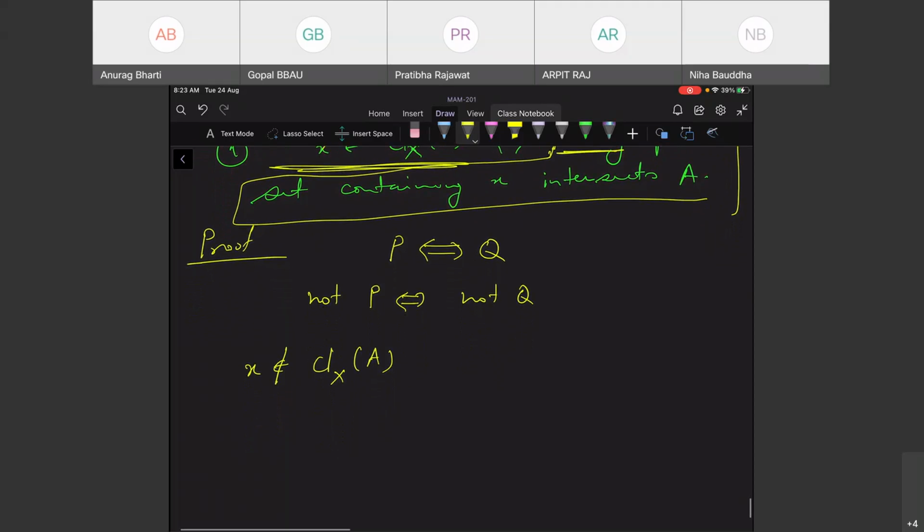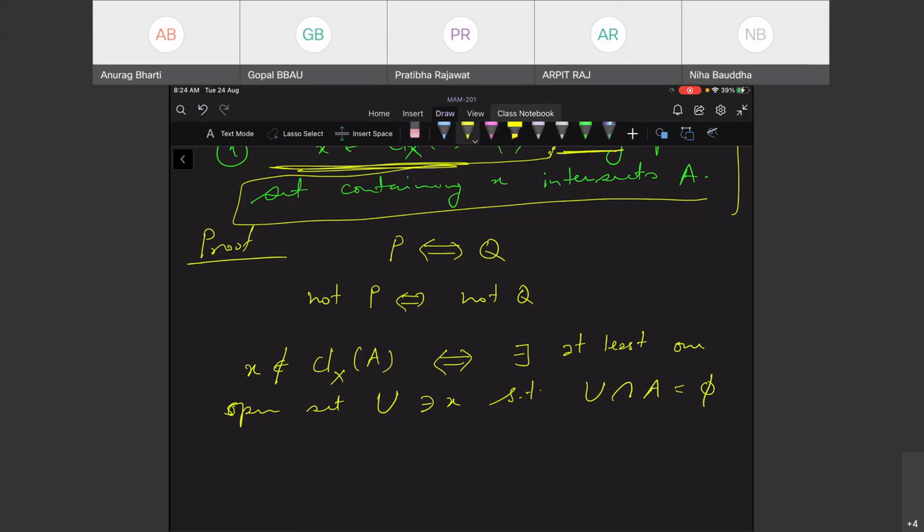So we will prove this if and only if there exists at least one open set containing x that does not intersect with A. Call it U. Open set U containing x such that U intersection A is empty.